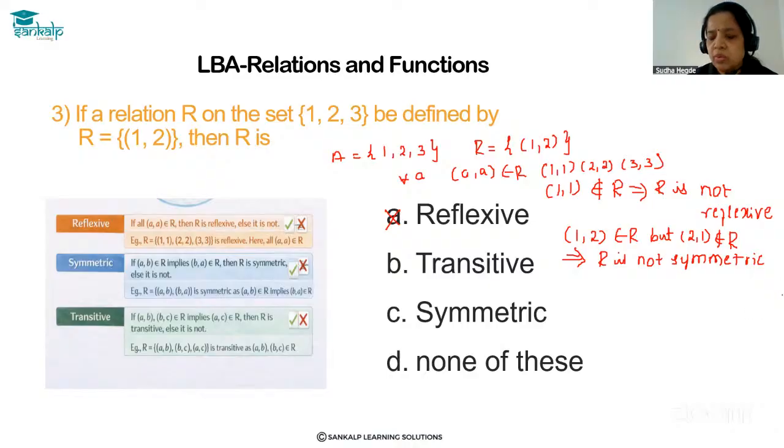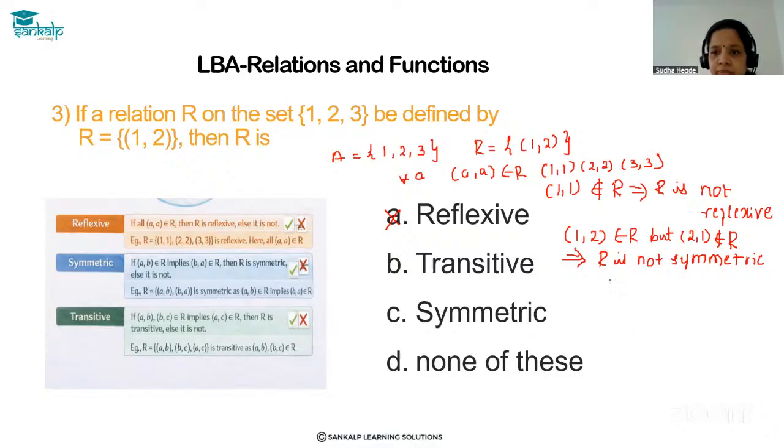Because what's the definition of symmetric relation? For all (a, b) belongs to R, (b, a) should be there in R. But in this case, we don't have (2, 1). We have (1, 2) belongs to R, but (2, 1) does not belong to R. Therefore, R is not symmetric. So option C is also not correct.